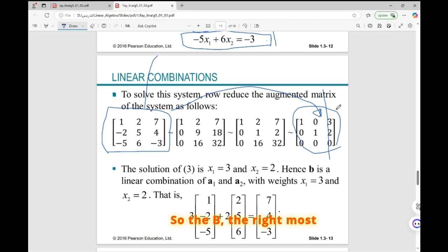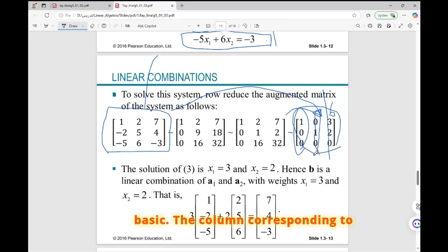So the rightmost column is b, the right side values. We have two columns, one for x1 and one for x2. The column corresponding to x1 is a pivot column, so x1 is basic.